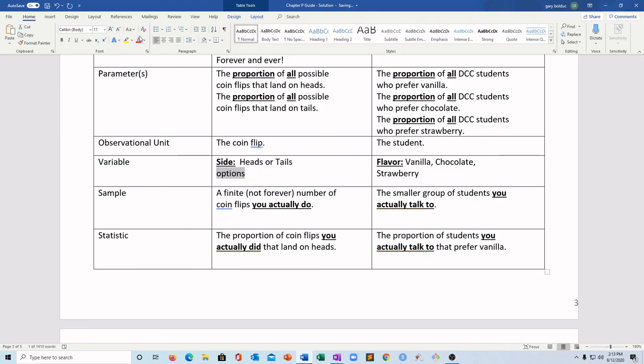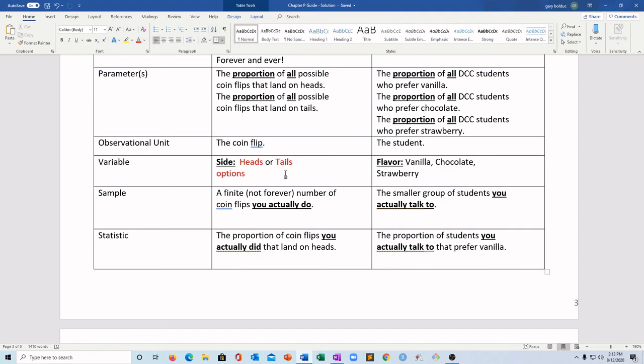All right, so we got to be a little careful here. This is an option, and this is an option. These are not separate variables. They're options of the variable. All right, so just be a little careful with that. But our variables here are side, as in the side that was flipped over, and then flavor, as in what flavor did the observational unit, aka the student, pick.